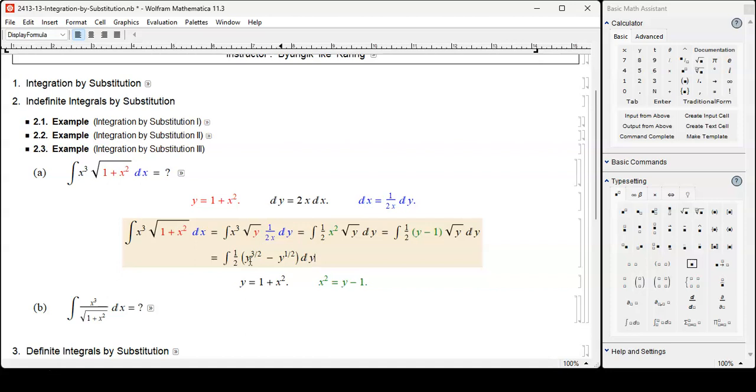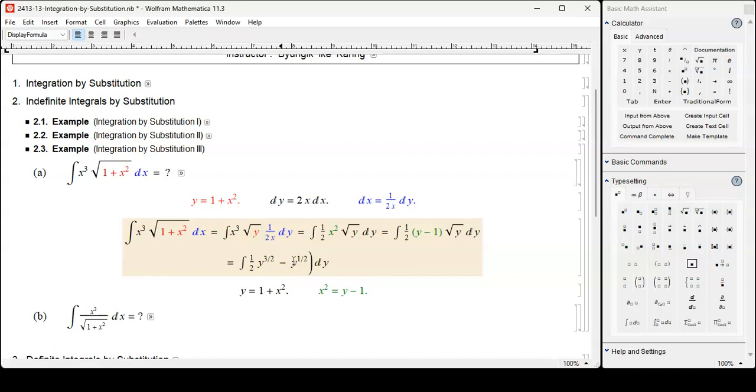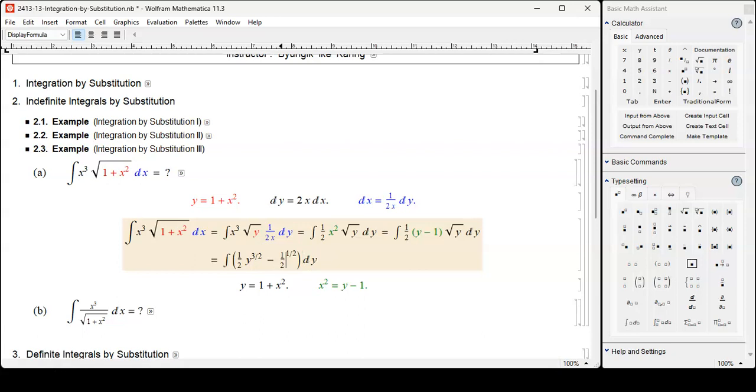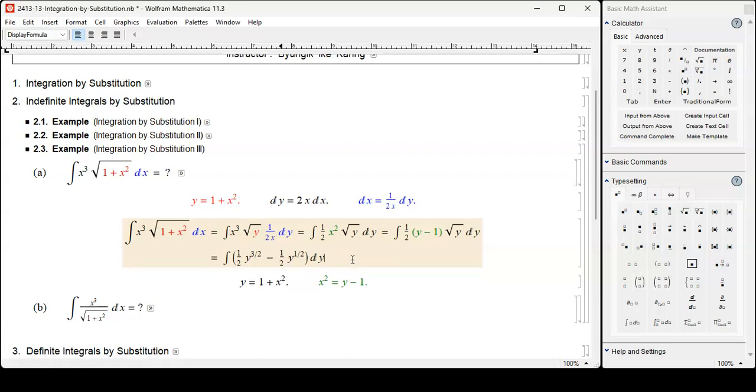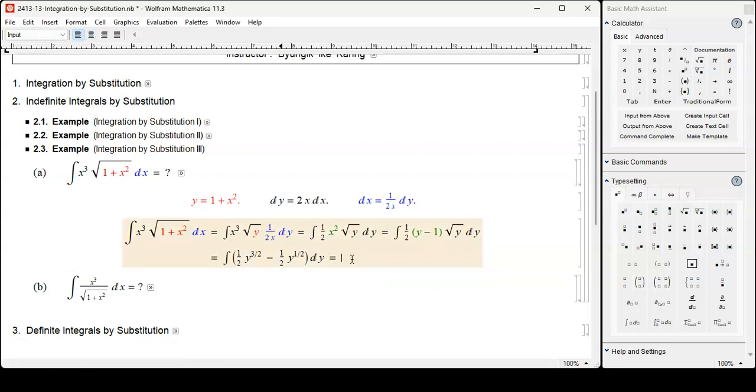I can distribute 1/2 as well, so let's do it like that. Okay, like this. And then if you completely integrate the computation, let's see.